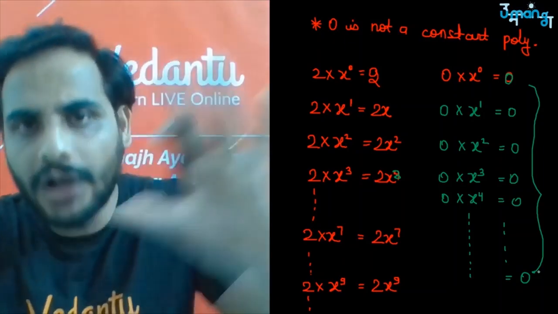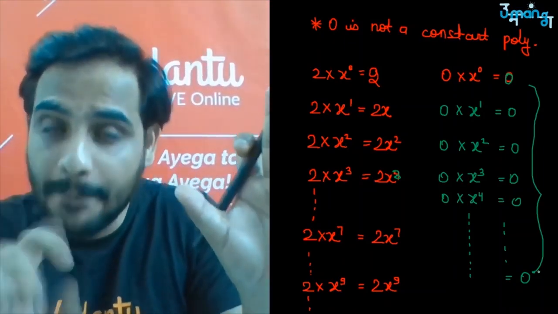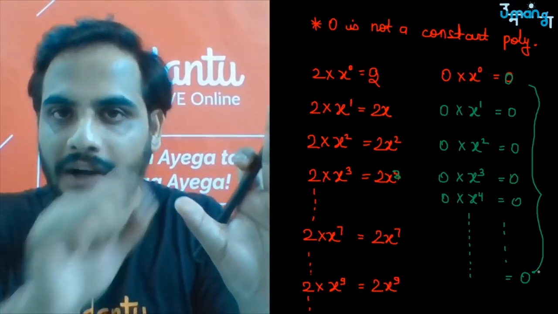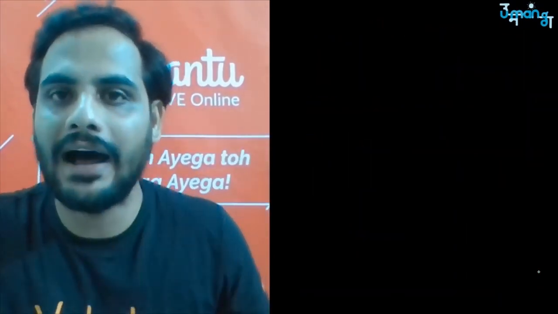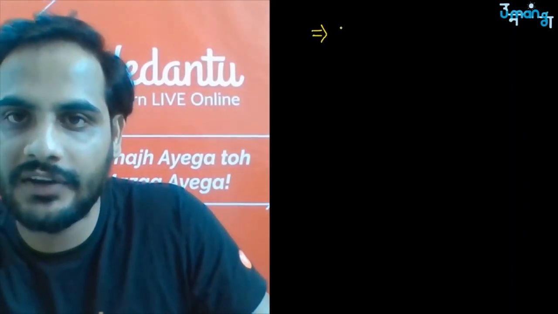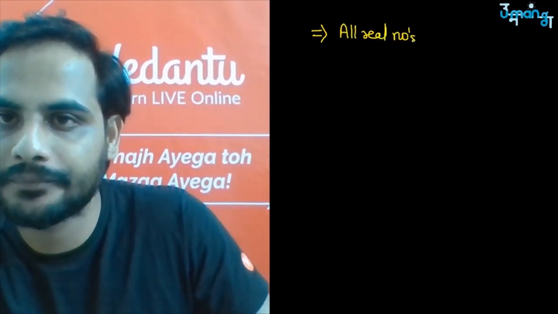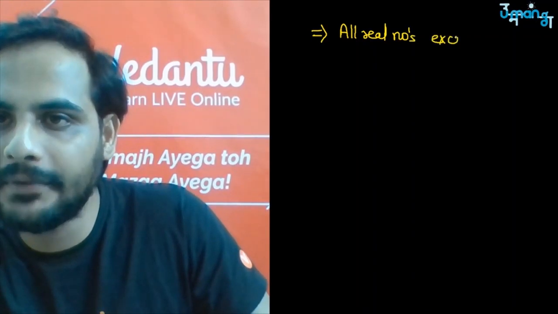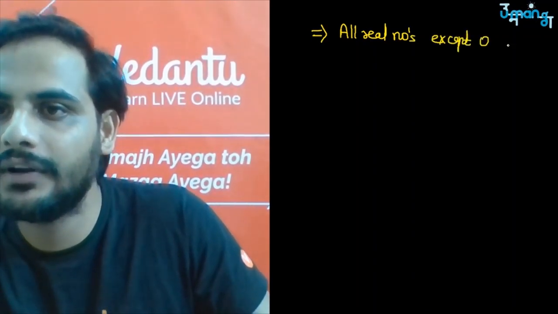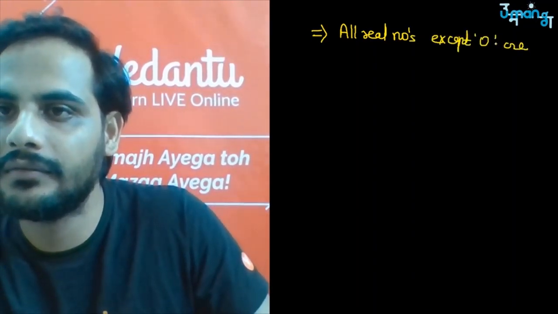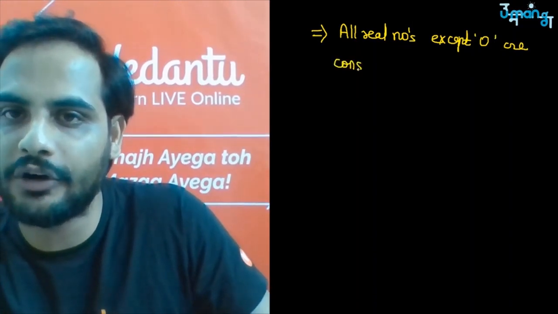So all the numbers except 0 are constant polynomials. The correct statement is: all real numbers except 0 are constant polynomials.